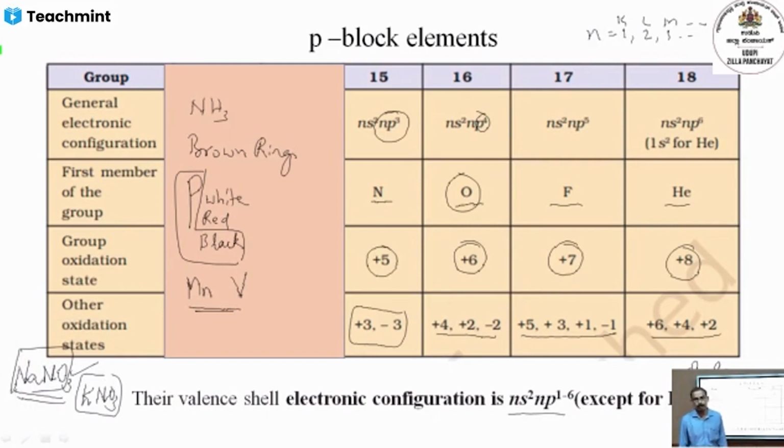We have to remember that. These metal oxides are acidic because of the higher oxidation state of the metals.